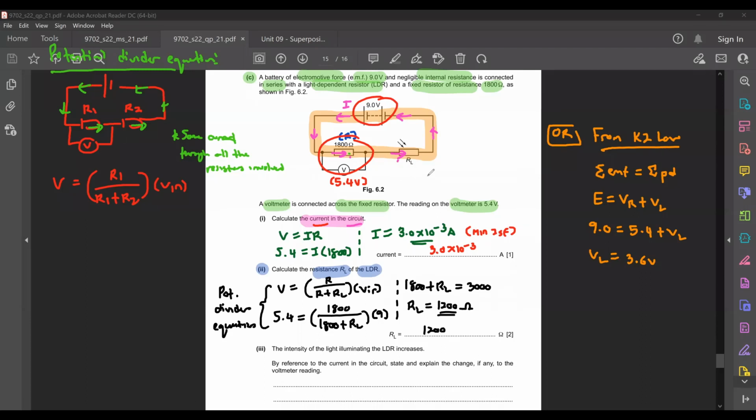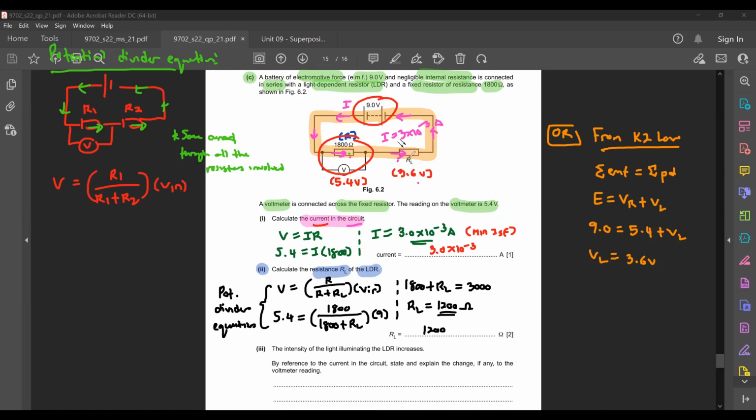Okay, so our PD here, we've already found it to be 3.6 volts. And when it comes to the current, because this is a series circuit, whatever current that we found originally will also be the same current flowing through our LDR. So the current here was 3 times 10 power minus 3 ampere, following the value that we found in the first part of the question. So now we know the voltage, we know the current.